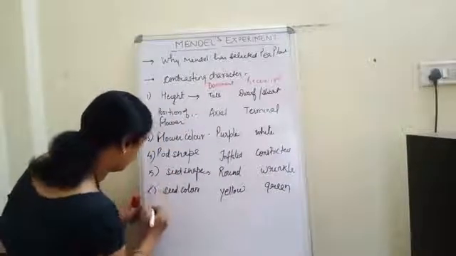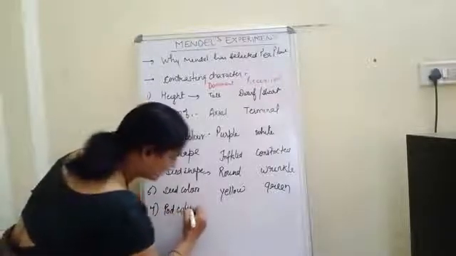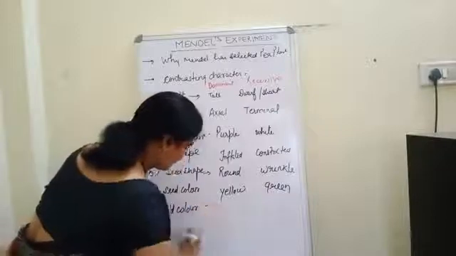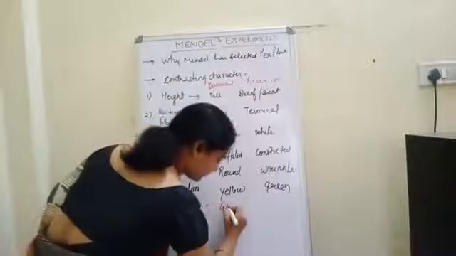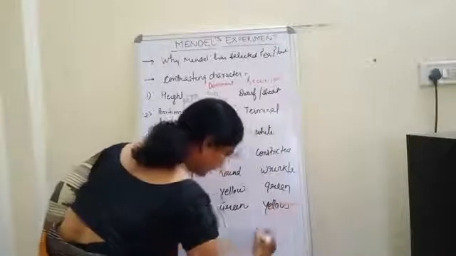Sixth point. And seventh is pod color. It was also green and yellow.